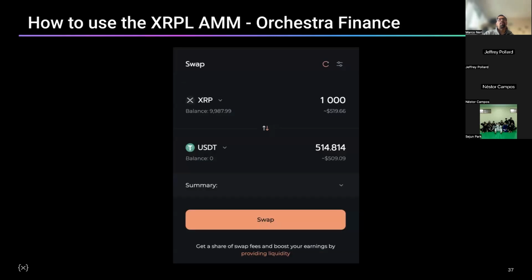To wrap up, I want to show the Orchestra Finance interface, which will be one of the first projects.